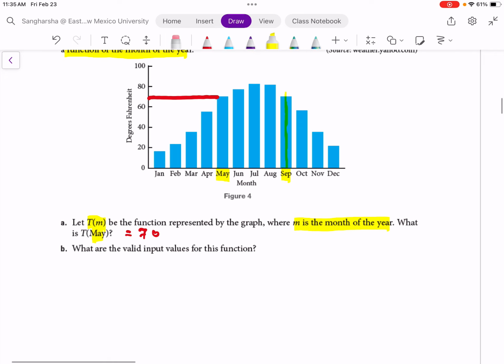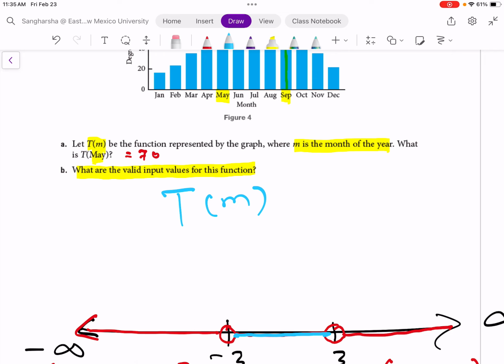Now let's go to part B. What are the valid input values for this function? For this T of M function, let's find the domain. What can we choose for M? M is the input here. Months of the year.